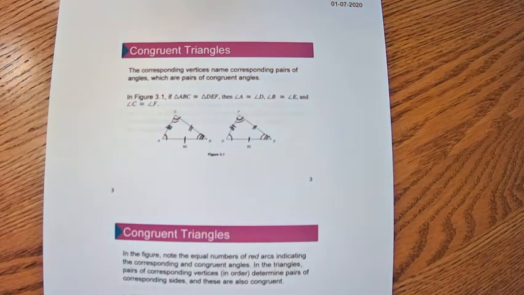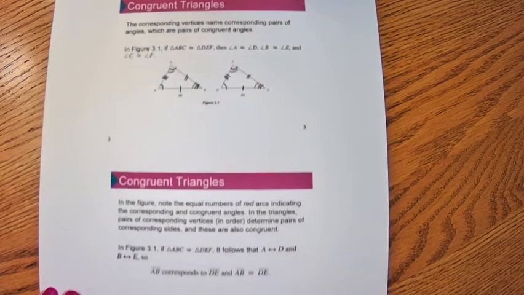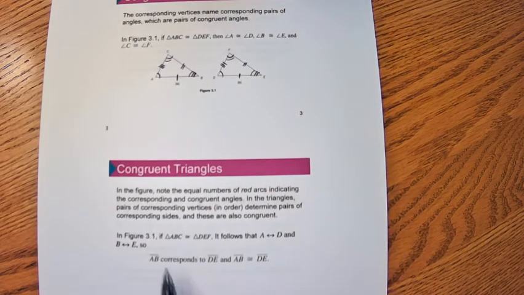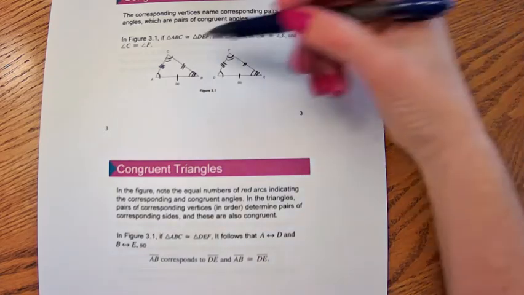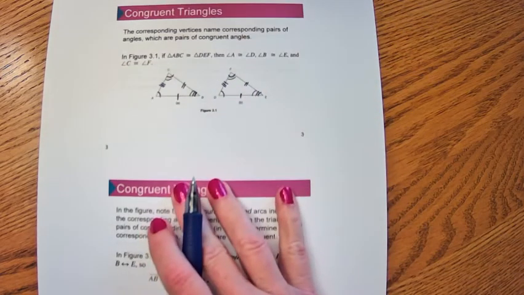So there are 6 congruent relationships, 3 sides and 3 angles. If we have triangle ABC congruent with triangle DEF, we know which angles correspond to each other, and we also know which sides correspond to each other.